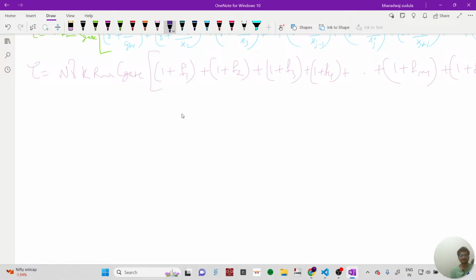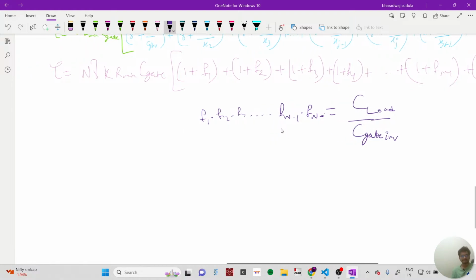So I can write that f1 f2 f3 multiplied by each and every stage turns out to be CL by gate cap of the first inverter. This is the load cap of the last inverter. Okay, so this is the expression.